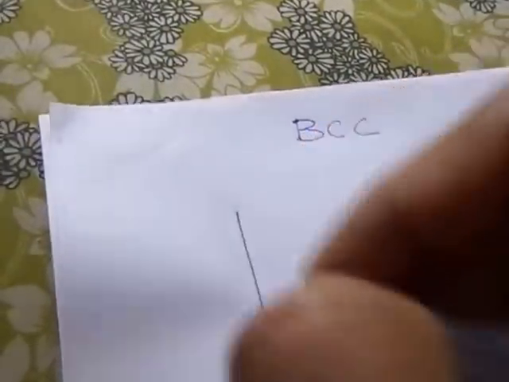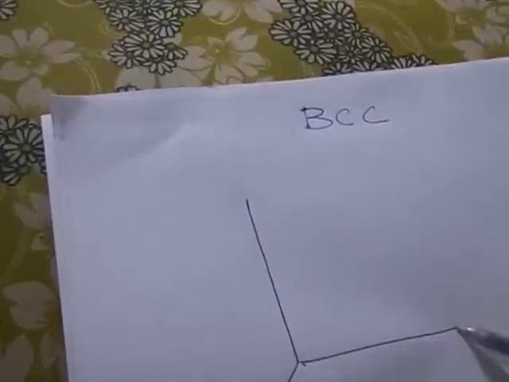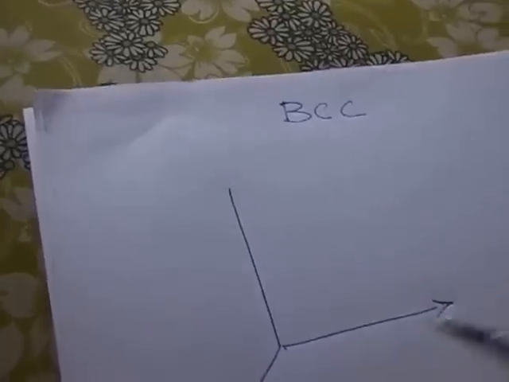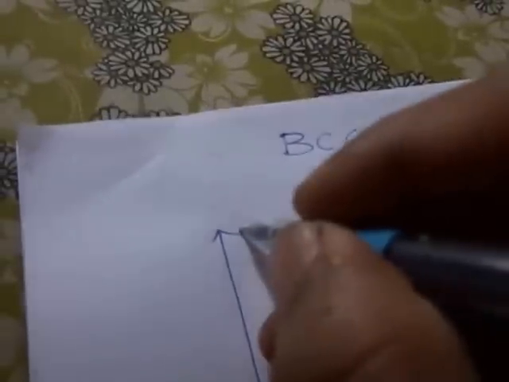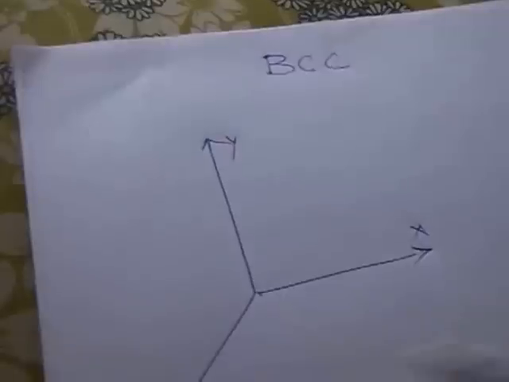So the unit cell, say in such an axis system, I represent, so this is x-axis, and this is y, and this is z-axis.